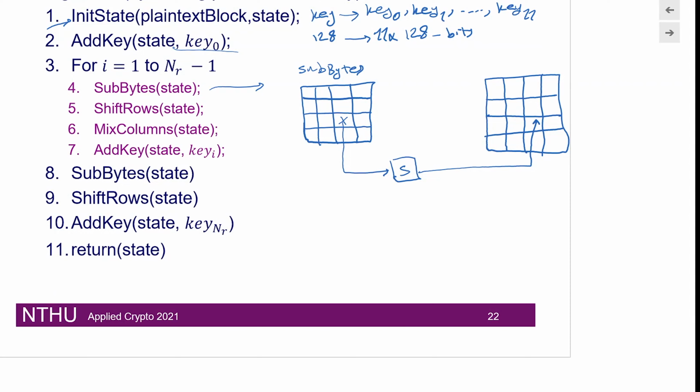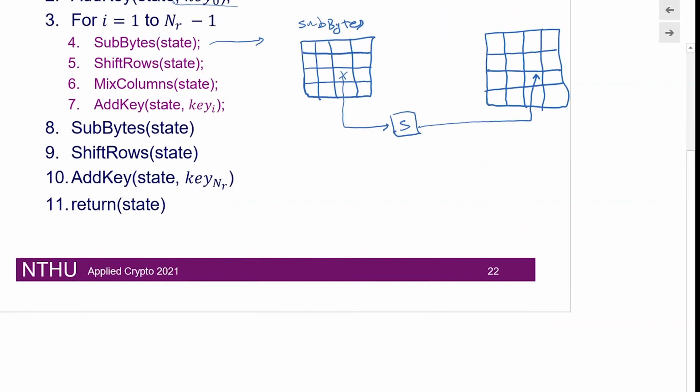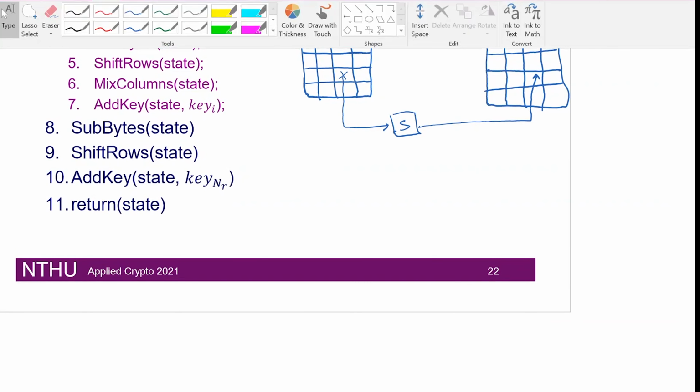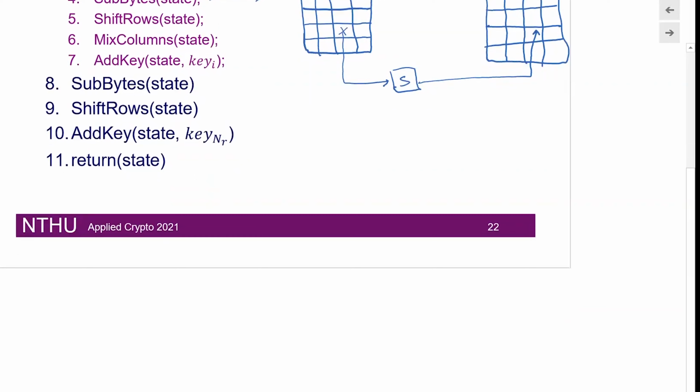I'm substituting this byte, whatever it is in this location, according to the substitution table. I replace that one with some other value and write it back there. So this matrix is the state, and this one shows the same state after applying the substitution bytes. The second operation, let me change my color, is shift rows.